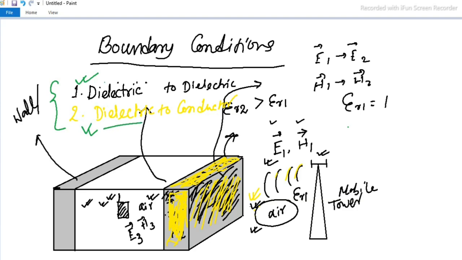In our next classes we'll see these conditions in detail, but this study is really required to understand the changes when the electric and magnetic field pass through a different boundary or interface consisting of different media. What kind of changes will happen with the electric and magnetic field when it passes through either a conducting medium or some other dielectric medium? That study is really required.